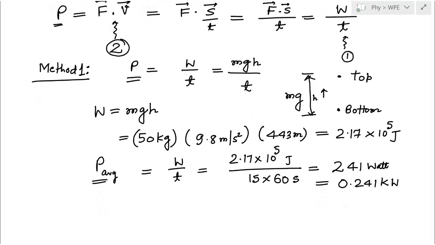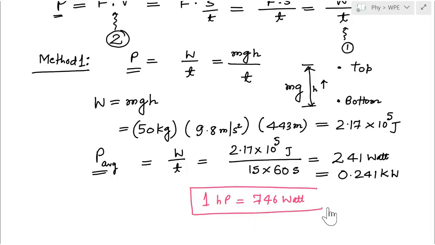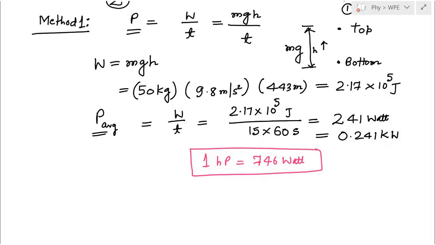Finally, you can also express your answer in horsepower. If you remember, 1 horsepower is equal to 746 watt. So in other words, if you divide watt by 746, that is 241 divided by 746, this will give you power in horsepower, so 0.323 horsepower.